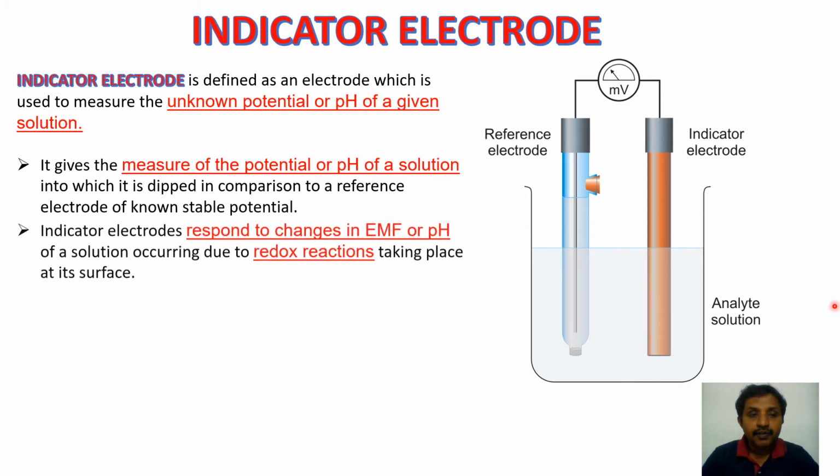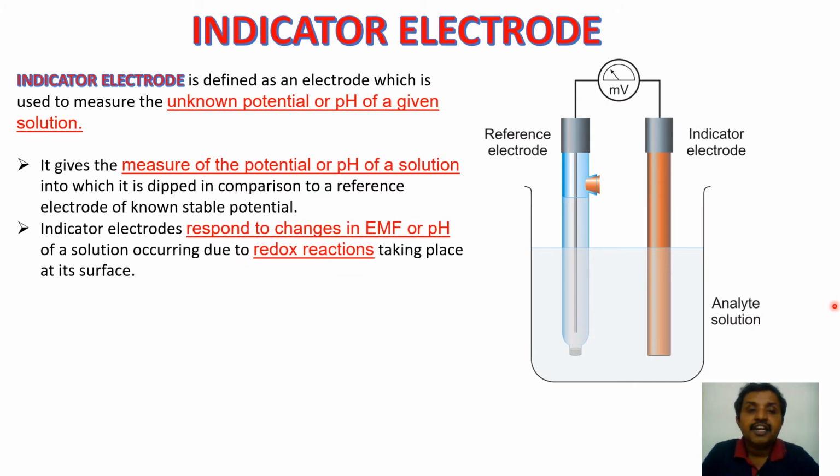Okay. Now next, the indicator electrode responds to change in EMF or pH of the solution. Whenever the redox reaction is taking place in the solution, the change in pH or EMF of the potential can be detected by the indicator electrode, taking the reference electrode potential as reference.